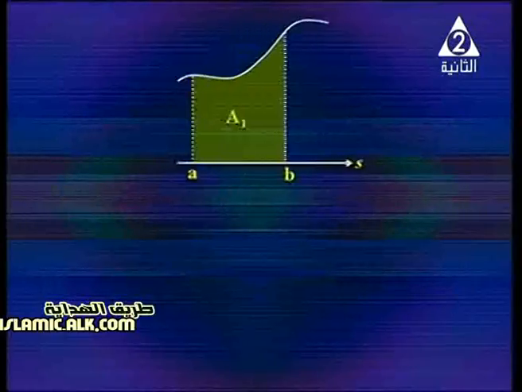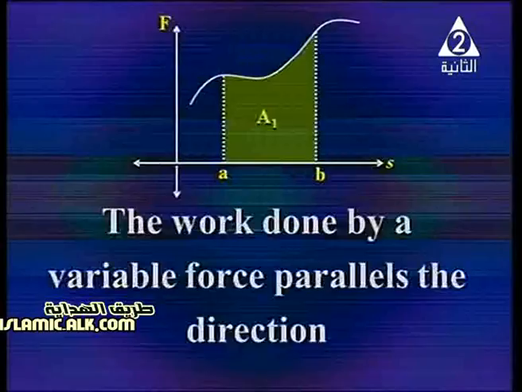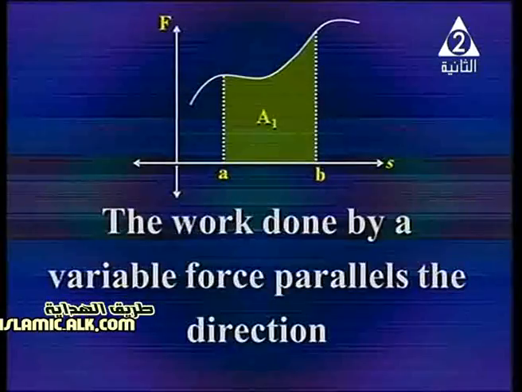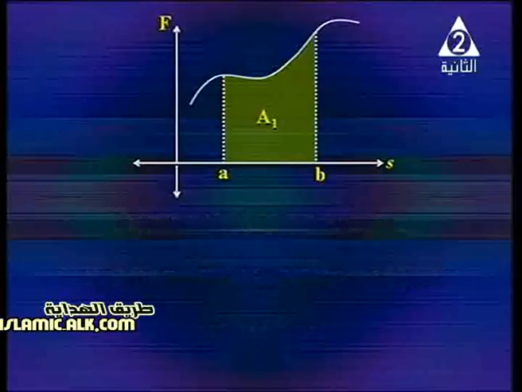Look at, dear student, the opposite figure. It represents the work done by a variable force parallel to the direction of motion. We have two axes. The first axis represents S, the second is orthogonal, or perpendicular, and represents force.